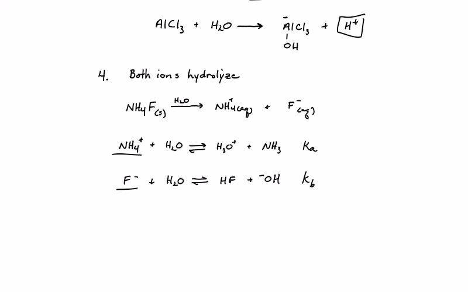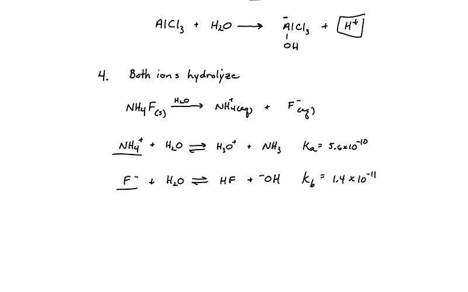So the Ka for ammonium is 5.6 times 10 to the negative 10th, and the Kb value for fluoride is 1.4 times 10 to the negative 11th. And remember, the larger the K value, the more the products are going to be favored.